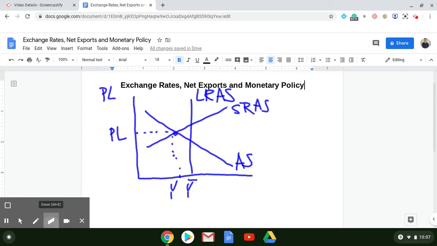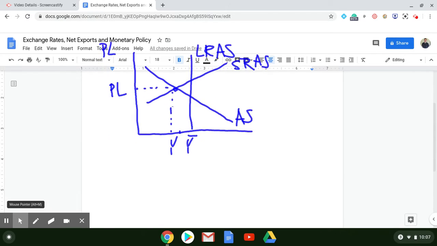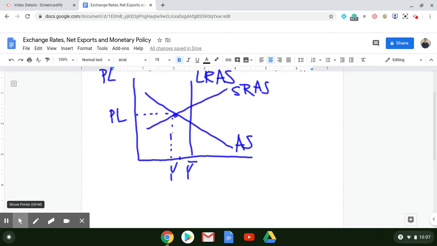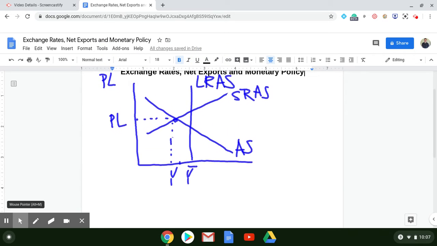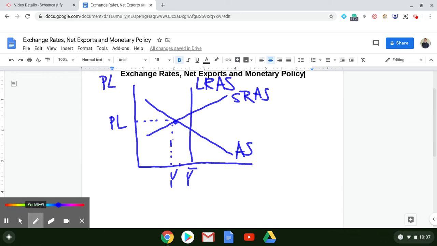Okay. So, as we've learned, the Federal Reserve will want to increase money supply so that the interest rates will go down.